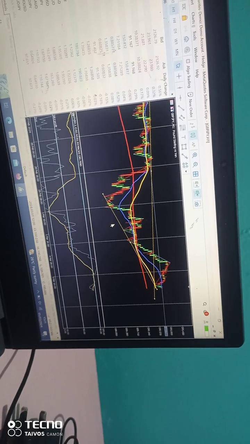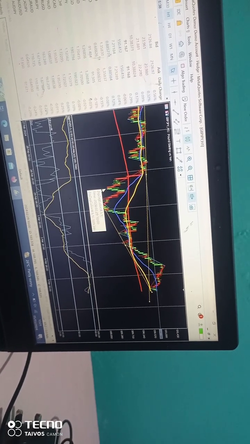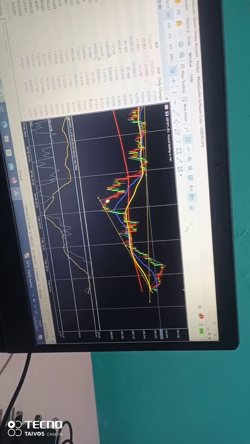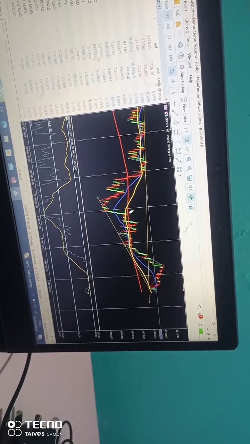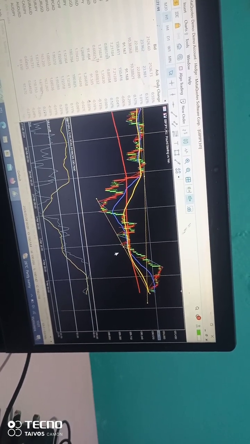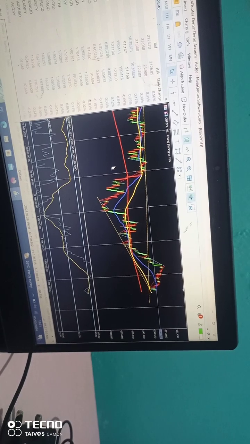Hello, people. So, this is what I wanted you to see about the contemporary trend lines. For instance, this is the GBP JPY.